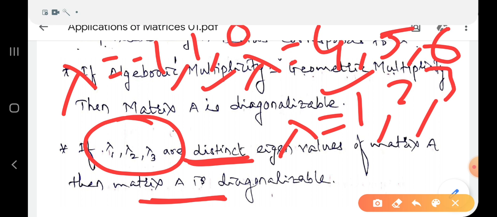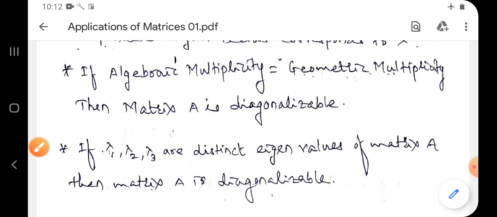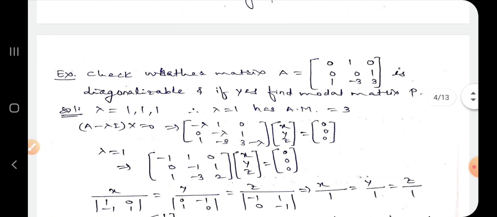All eigenvalues are distinct. Then we can say that our matrix A is diagonalizable because algebraic multiplicity is equal to geometric multiplicity. It is 1 in both cases. Correct? Understood? Now let us solve a problem.